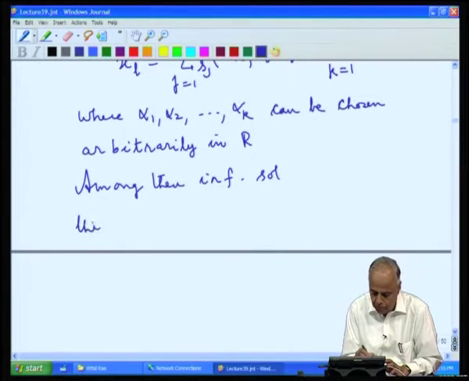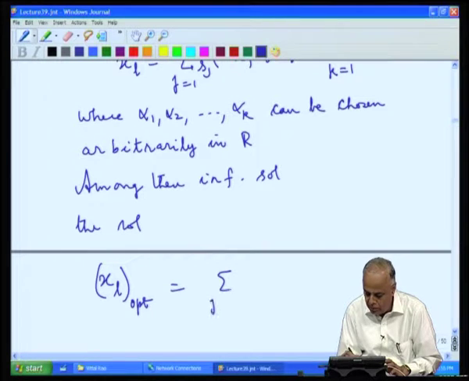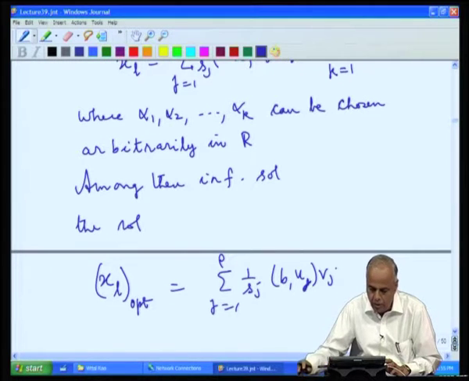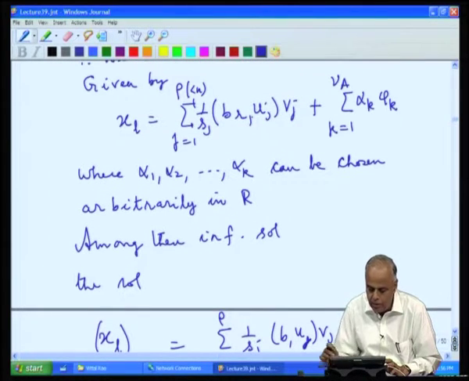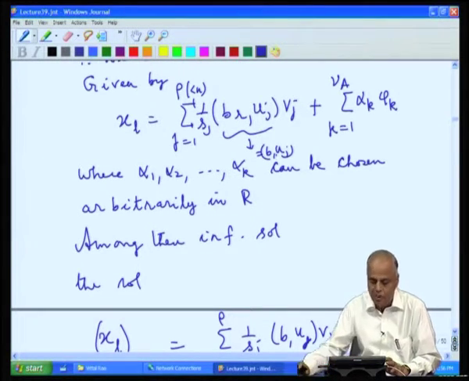The solution which we will call least square optimal consists of only the unambiguous part, summation 1 by S j B u j V j. Notice that this B r u j can again be written as B u j also, as we observed above.